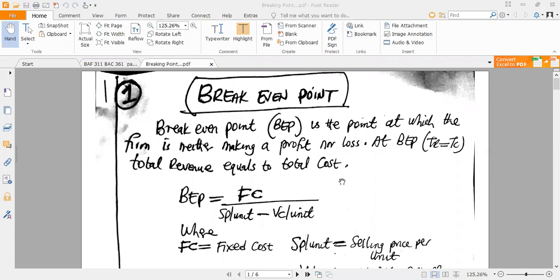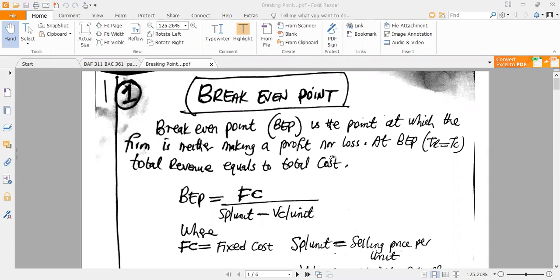Now, we'll be looking at break-even point. For those of you who are joining for the first time, those that are taking management and financial accounting, this is one topic which is intersecting.